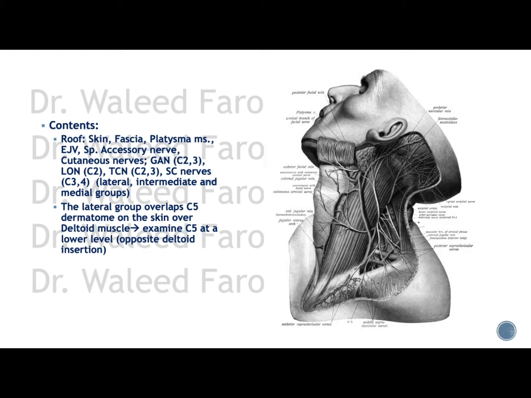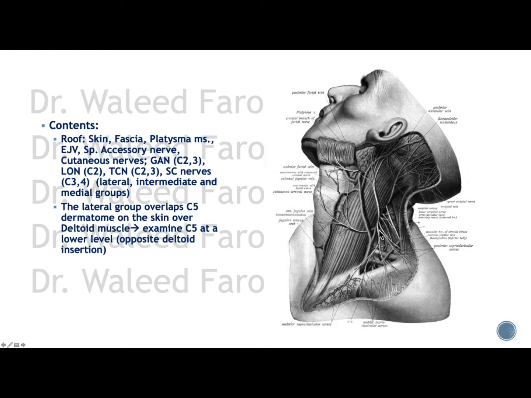We have a major vein, the external jugular vein. We have the accessory nerve, the spinal accessory nerve. There it is, and we will talk about it. Now, the cutaneous nerves are counted as contents of the posterior triangle because they emerge from the back of the posterior border of the sternocleidomastoid.